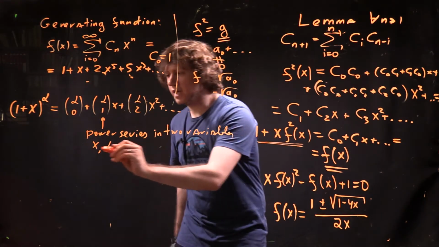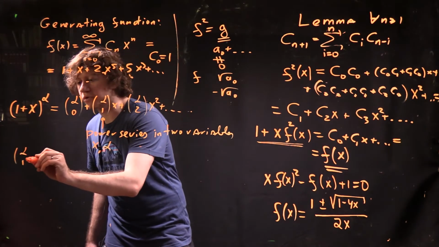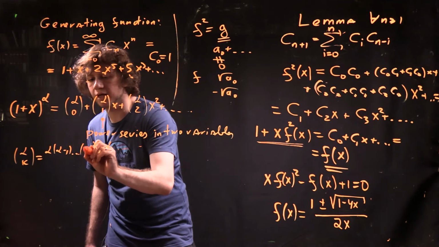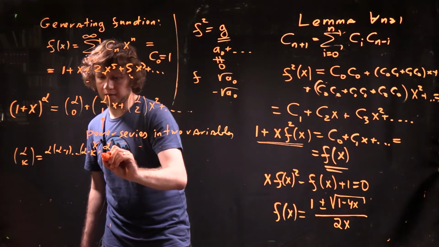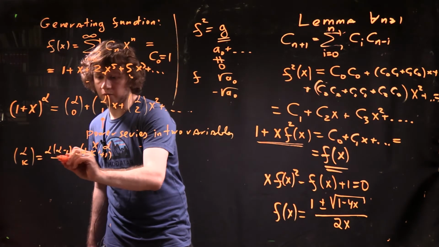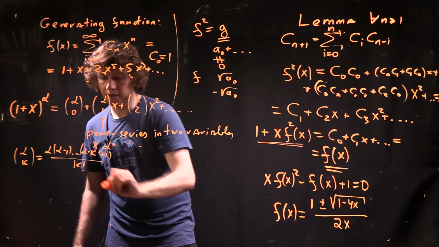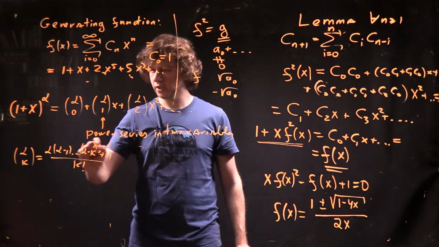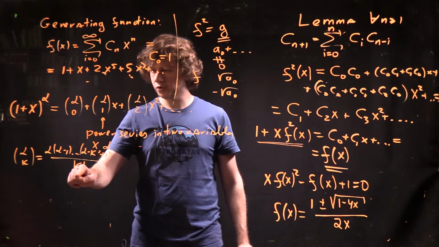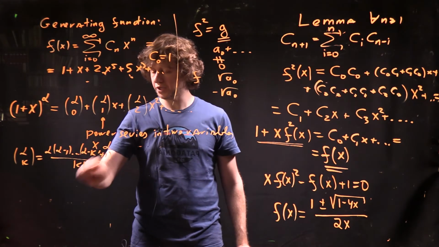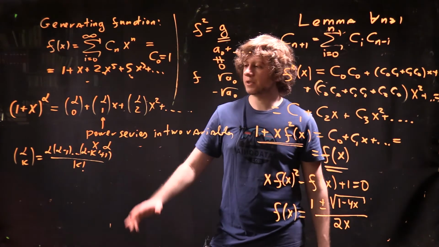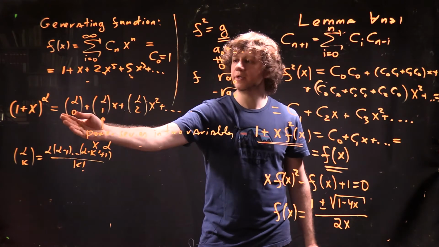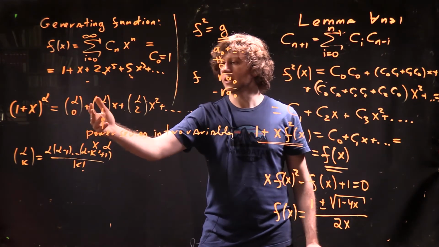And alpha choose k is just the polynomial alpha choose k, which we already have seen: alpha times alpha minus 1, up to alpha minus k plus 1, over k factorial.